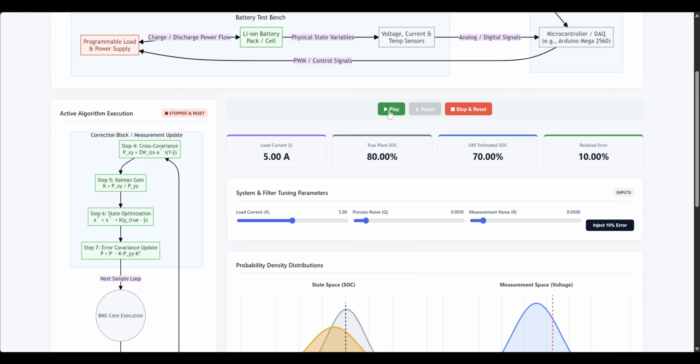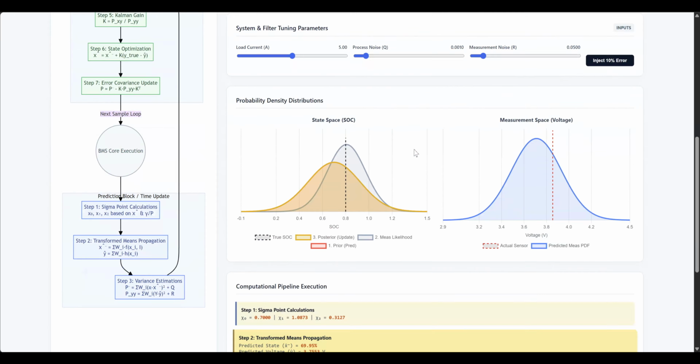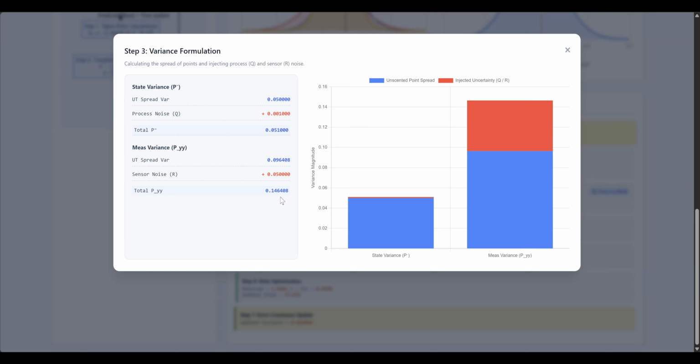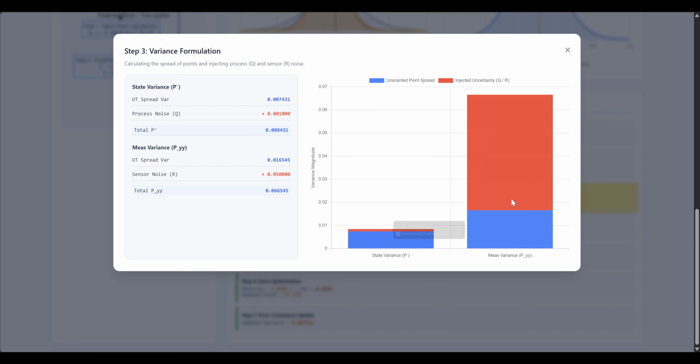So here we just press the play button and then we go to step 3. Okay, so you can see the state variance is gradually dropping down, as well as the measurement variance is also dropping down but at a slower rate.